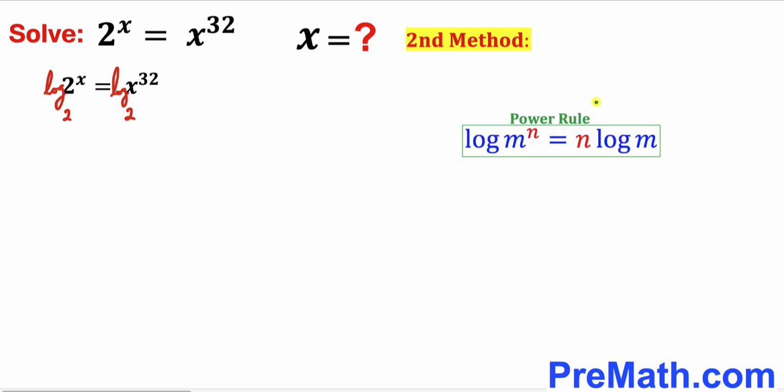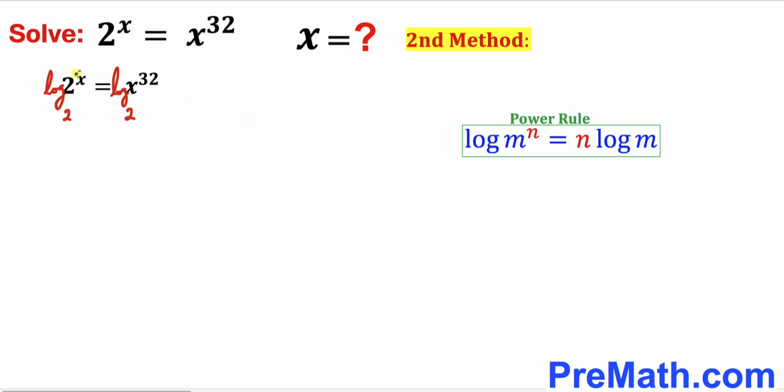And now let's recall the power rule. If we have a log of m power n, then we can drag this n in the front. As you can see, we got n times log of m, and we are going to apply this rule on this equation.